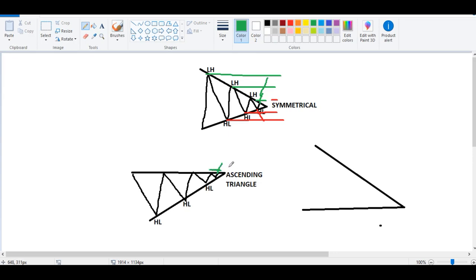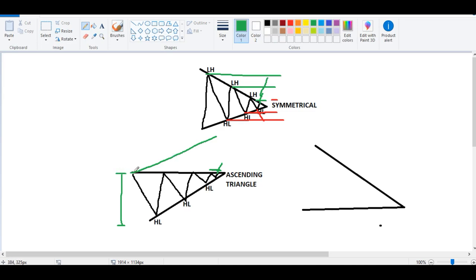Now the way we calculate the target in this is you either take the parallel line to this line, so you can see that they're parallel, or you simply calculate the distance from that high to where the triangle starts forming, the mouth, which will essentially be exactly the same as per this parallel line.